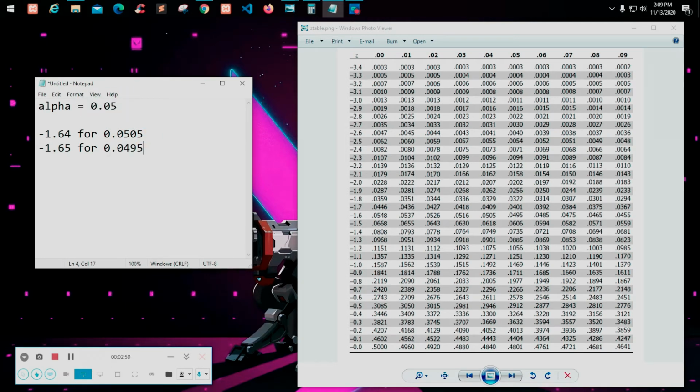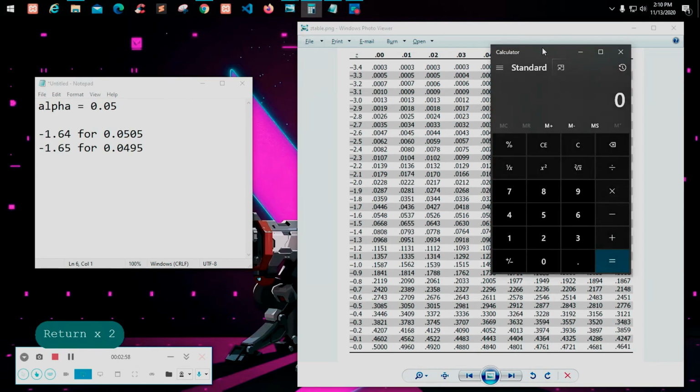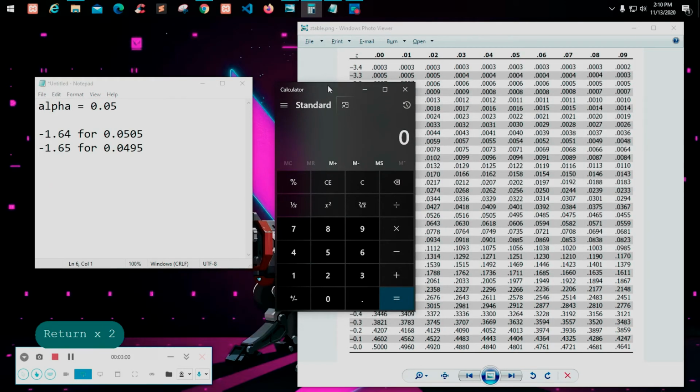So to get our final critical value, we add these two and divide. So let's have a calculator. And so, negative 1.64 plus negative 1.65 then divided by 2. So we have negative 1.645.